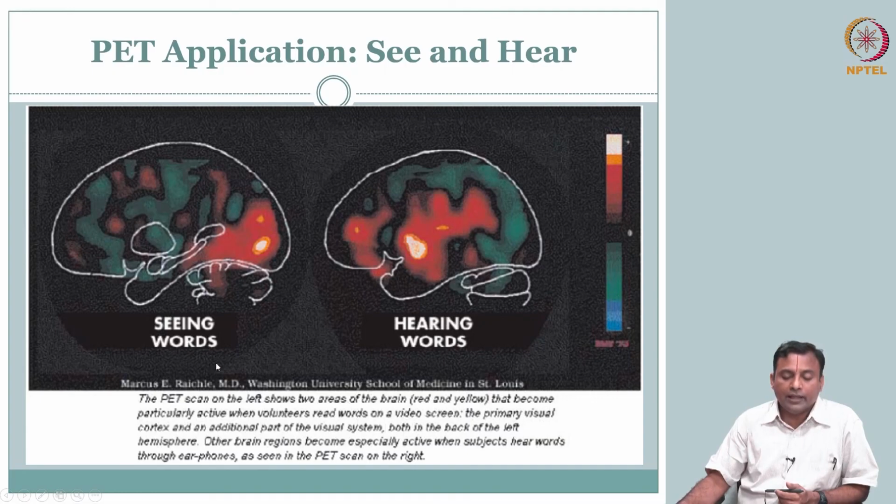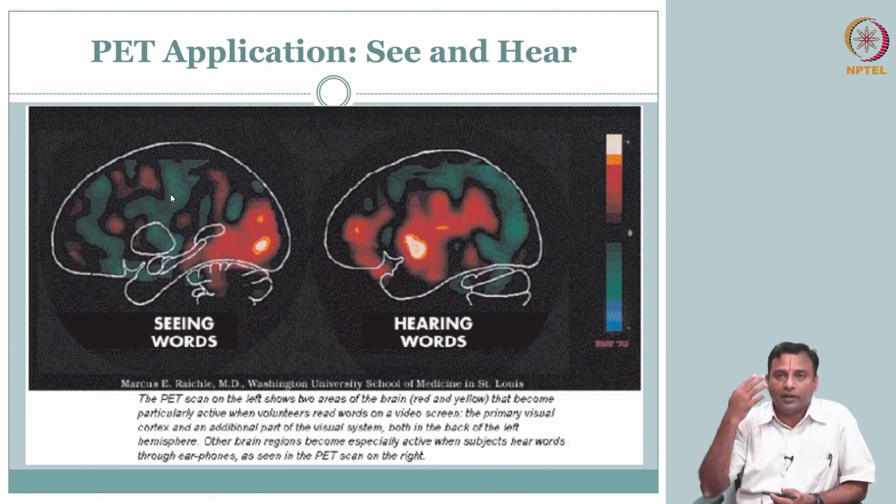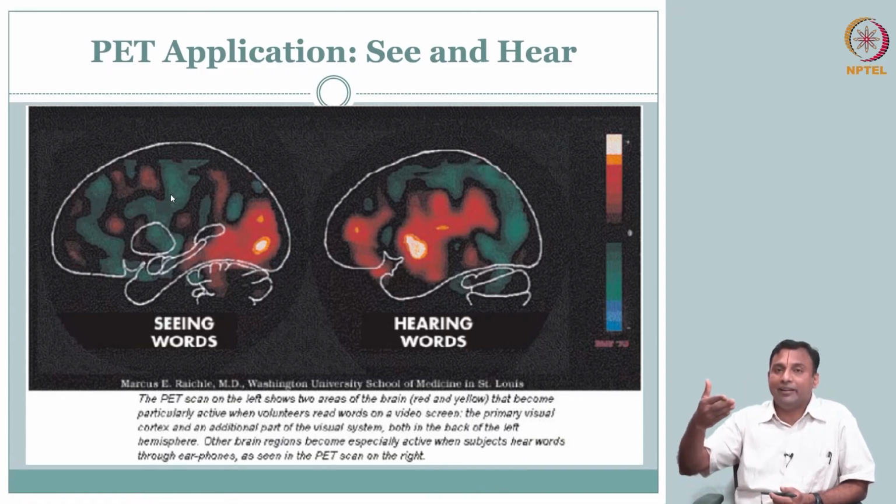Here is an image from an experiment, where a participant is shown text. So he is reading from the text. When he is reading, your visual cortex, right, you are looking at it. So your brain that controls your vision part, that gets activated. Okay. So lot of activity happens here associated with reading, and therefore this is lighted up.